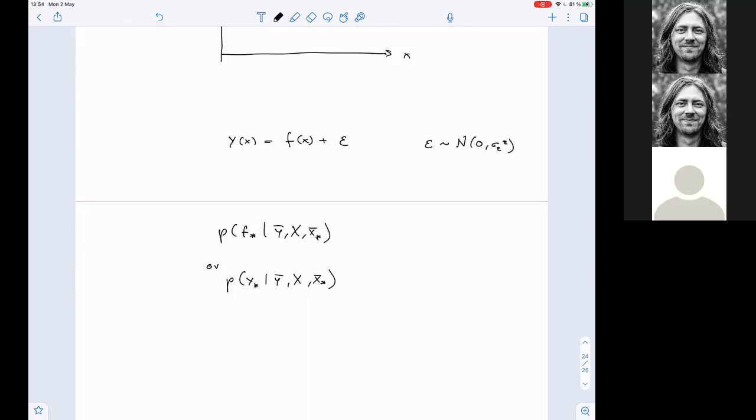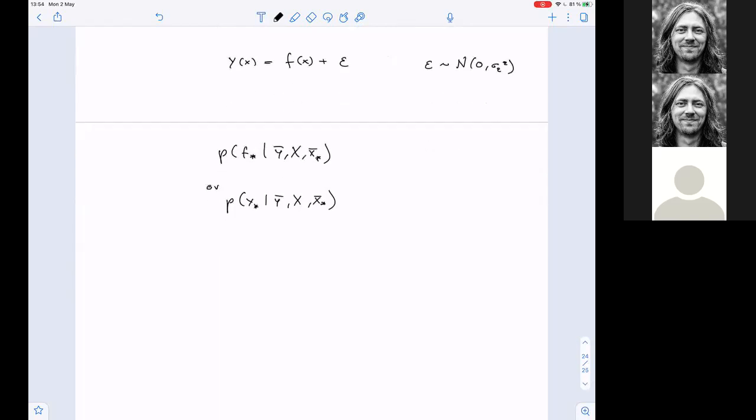The other GP would be, what's my degree of belief if I were to sample a noisy data point at x star, in what range do I expect that data point to lie, given my existing noisy data? And these are two different things. But it's very easy to go from one to the other, as we'll see, but they're conceptually different.